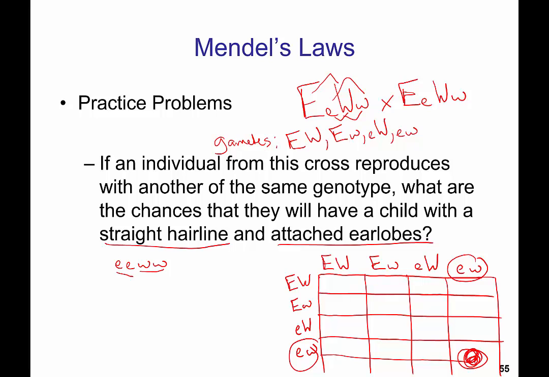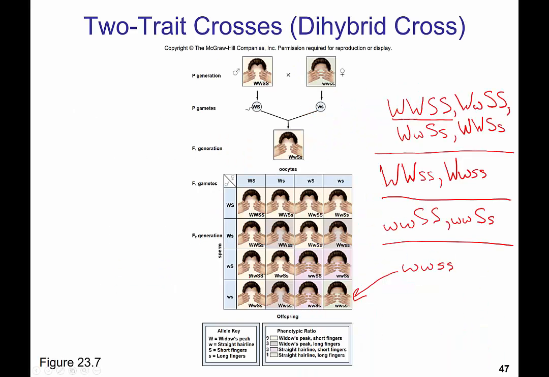And so that's going to be 1 out of 16, which happens to be the answer. If this question would have asked what's the chance of having a child with straight hairline and unattached earlobes, we could either work this out, or you could also look back at a chart that's already been worked out for a dihybrid cross and see what phenotypic ratio there is.